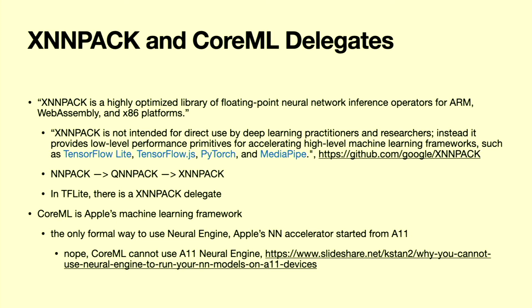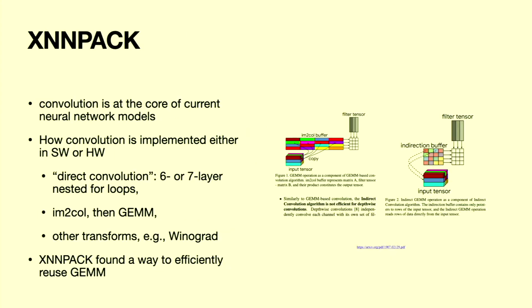And there are two interesting delegates. One is XNNPACK, an interesting CPU acceleration library, especially for floating point. I'll skip this because of time, but if you are interested, you can check the XNNPACK paper.